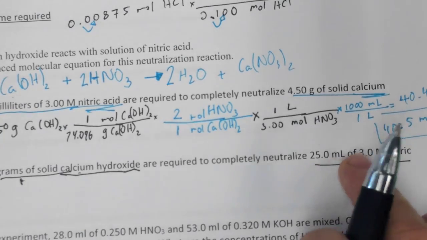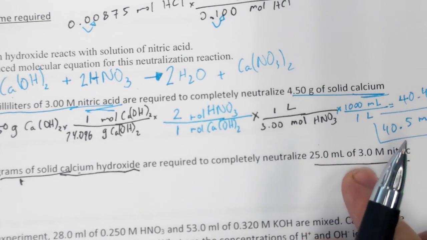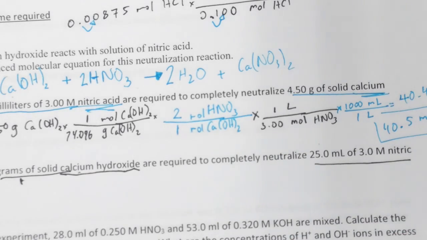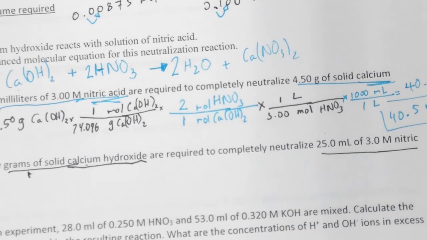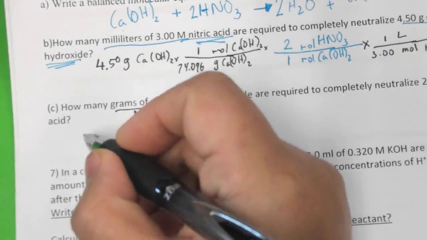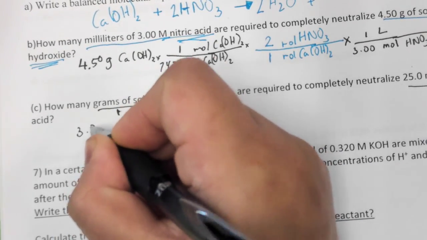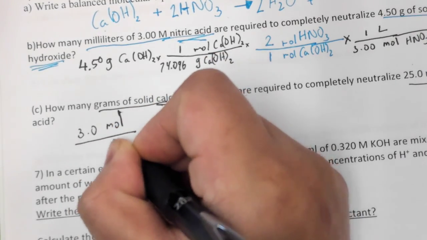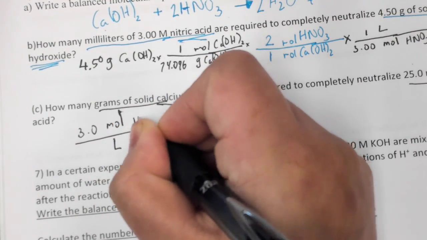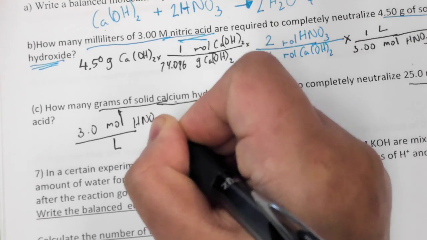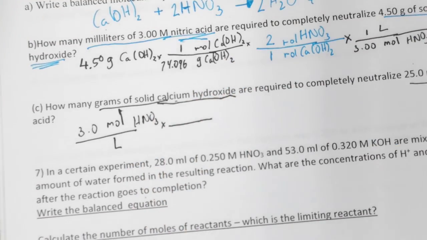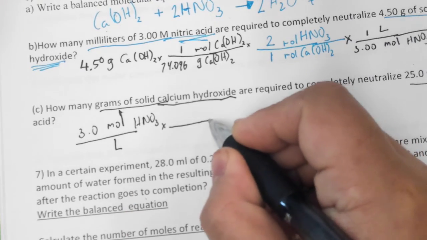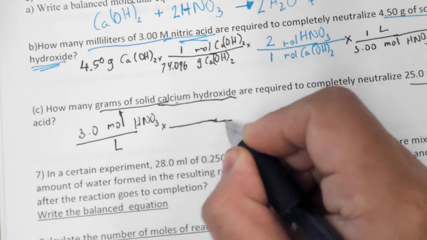Starting with this, obviously, molarity, milliliter, liter, mole, right? So I'm going to write it down. 3.0 mole per liter of nitric acid, HNO3. I don't want that, so I'm going to do the conversion.